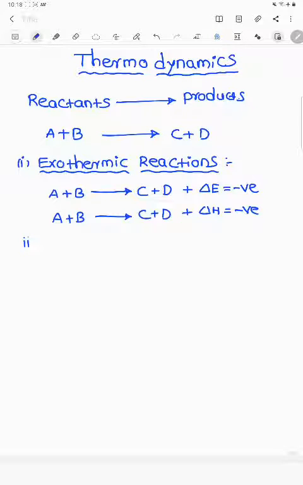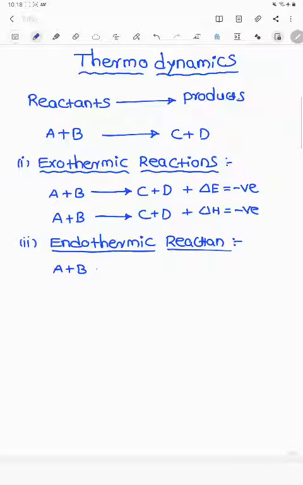Second one is endothermic reactions. Endothermic means during the chemical reaction, the reactants are converted into products with the absorption of heat.